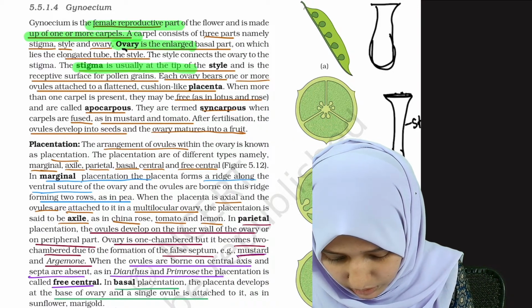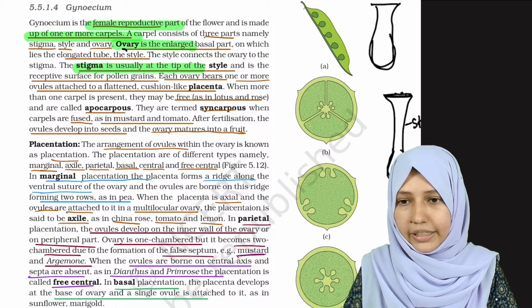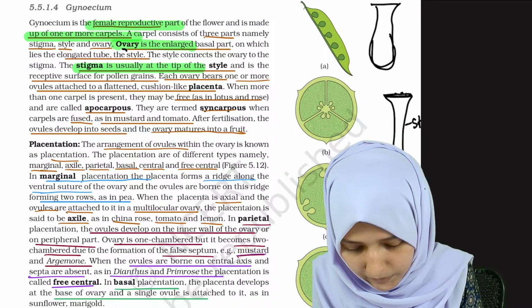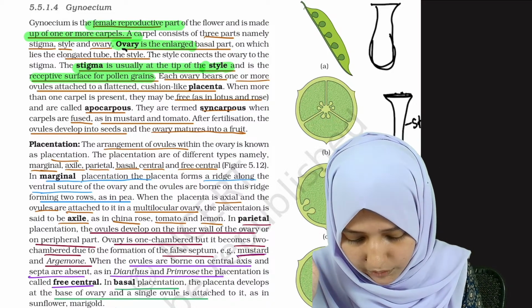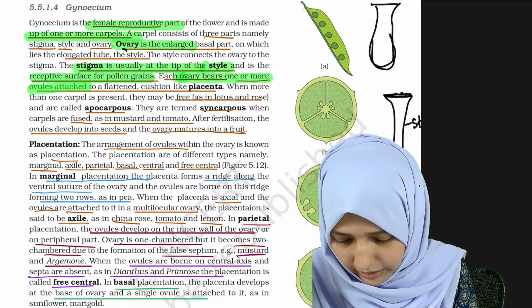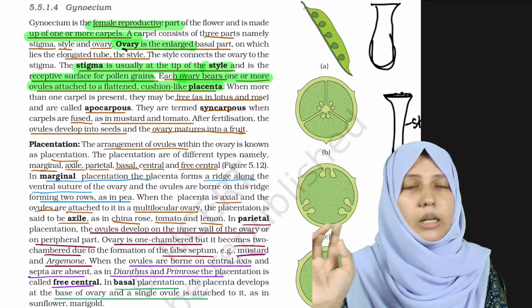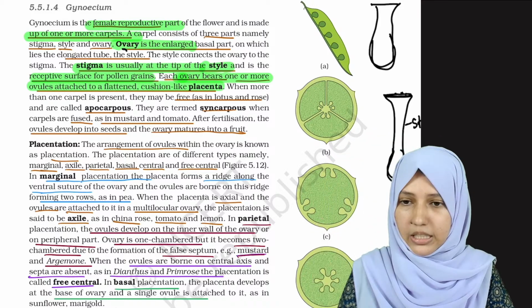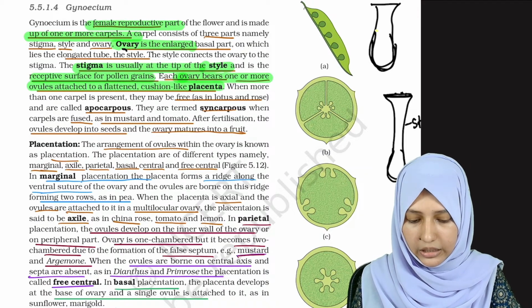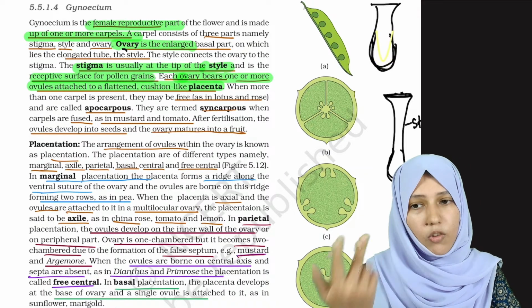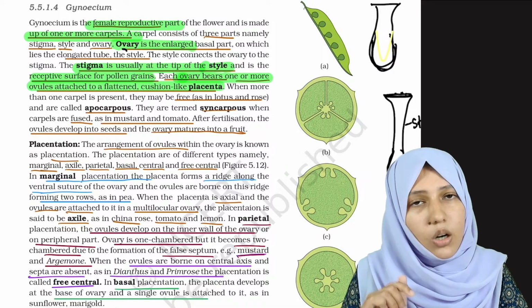Stigma is usually at the tip of the style, and it is the receptive surface for pollen grain. Each ovary bears one or more ovules attached to a flattened cushion-like placenta. This is an ovary, and this ovary can bear one or more than one ovules.